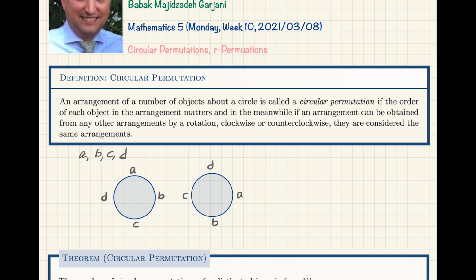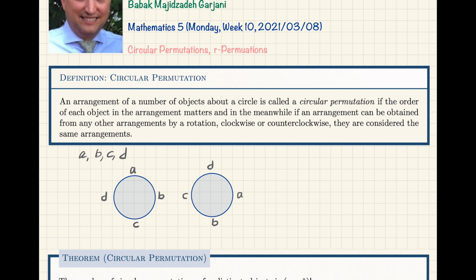If for example these are people sitting around a round table, and you go outside the room and come back and see this situation, you immediately realize people have switched places. So this situation is recognizable from that situation.